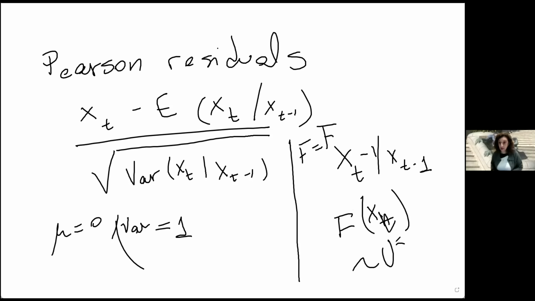This should be like a uniform on 0, 1. We compute this distribution for each t, so it's different for each t and each value. With this distribution function, we make the histogram that we have in the previous slide.